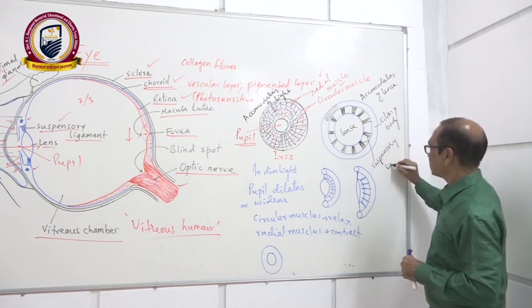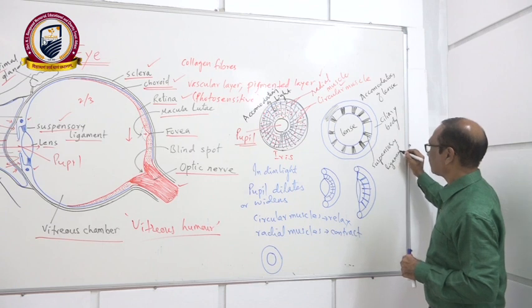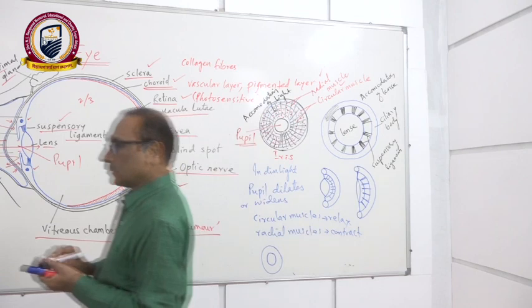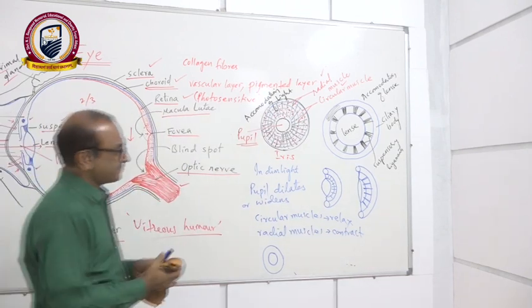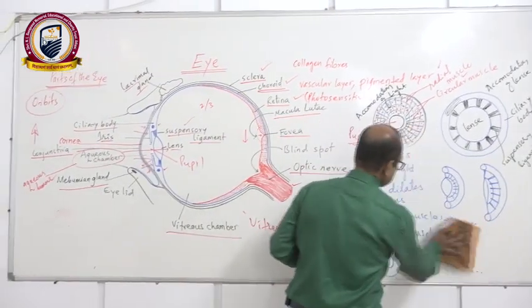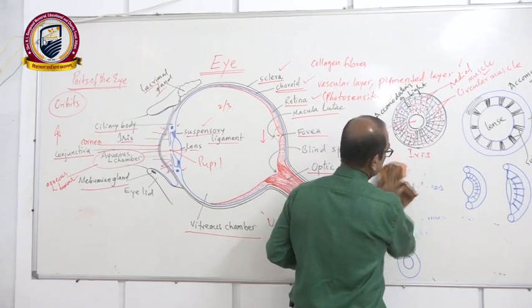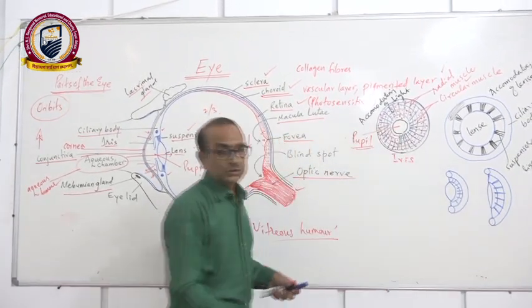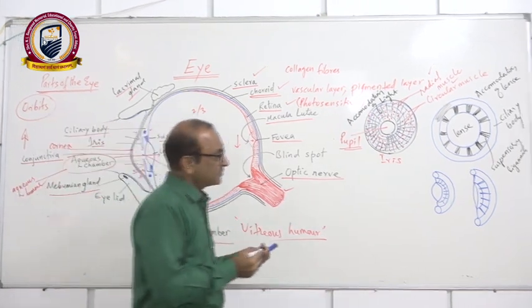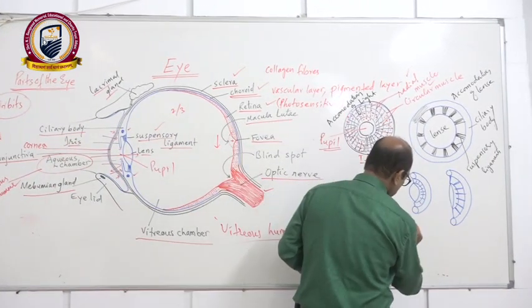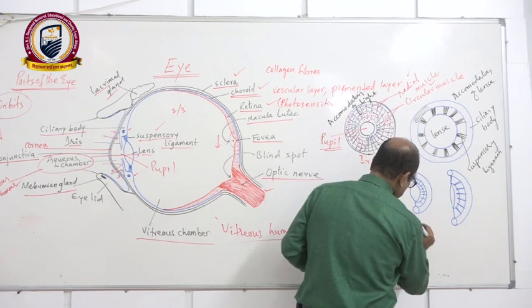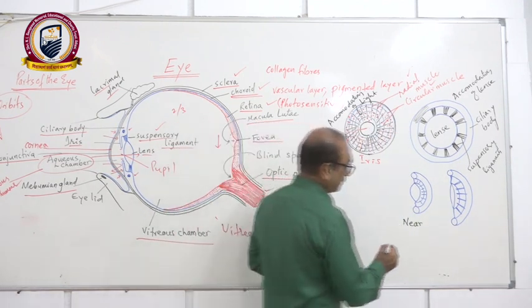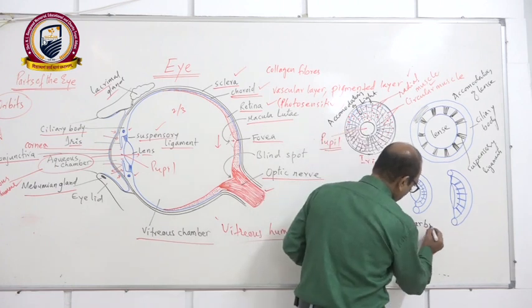Now, when we are looking at a closer or nearby object, this diagram shows you the changes in the lens and the ciliary body.